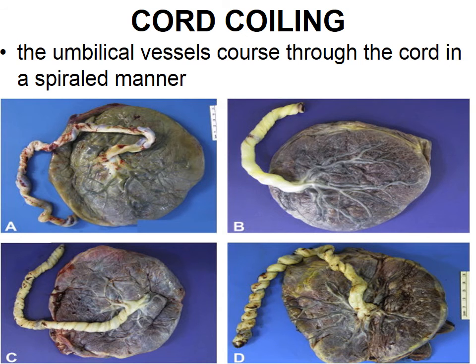Cord coiling. Umbilical cord coiling provides cord strength and protection against cord compression, twisting, stretching, and other forces that could interrupt cord blood flow.